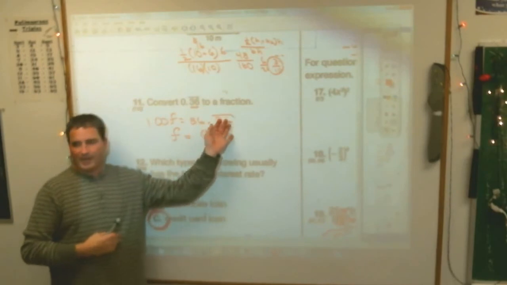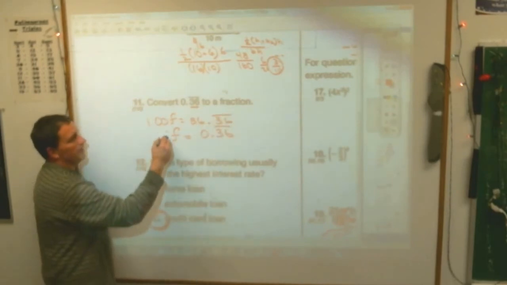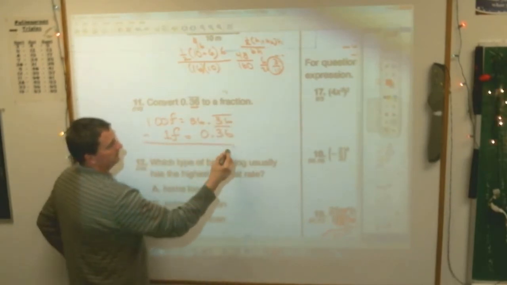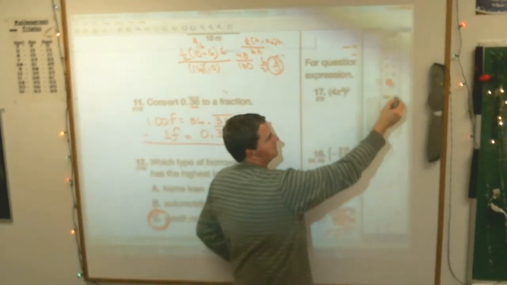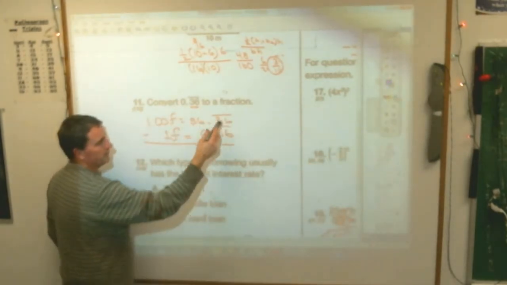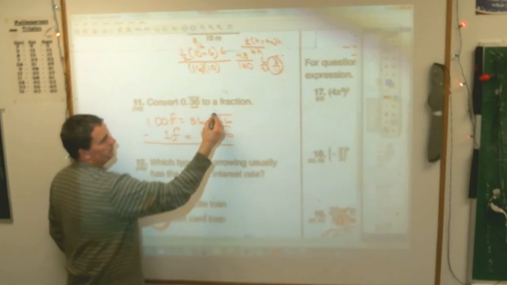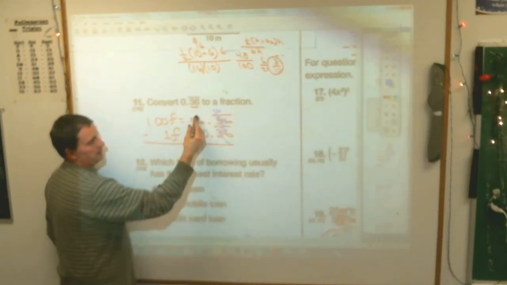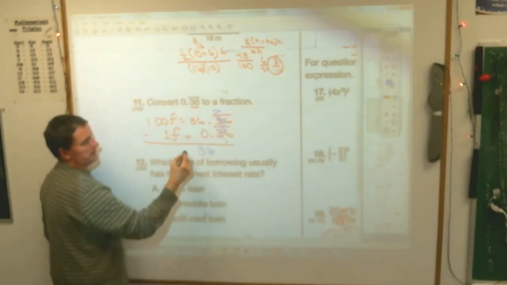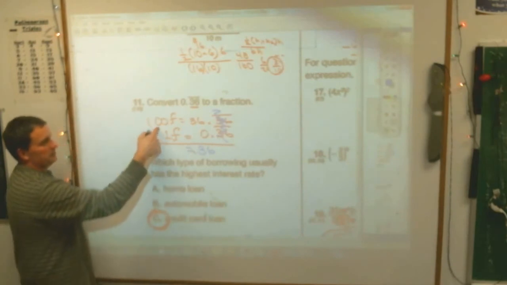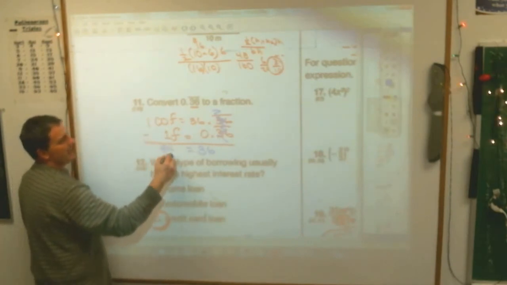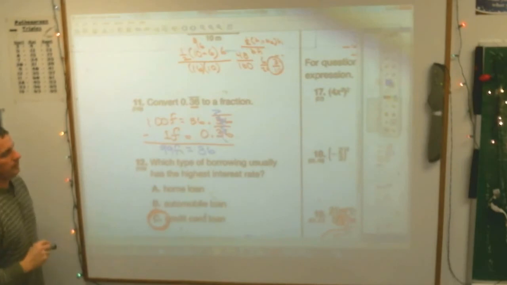And when I subtract these, this is 1F. My goal is to get those digits that repeat to go away, and they do because I subtract a repeater 36 from a repeater 36. 36 from 0 is 36. And that means 1 from 100 is 99 Fs equal 36.